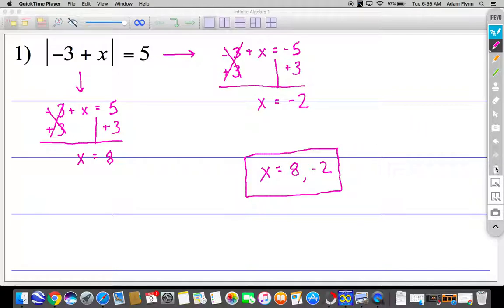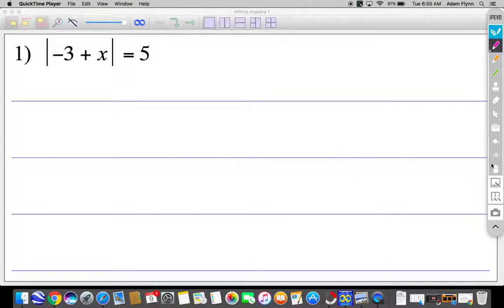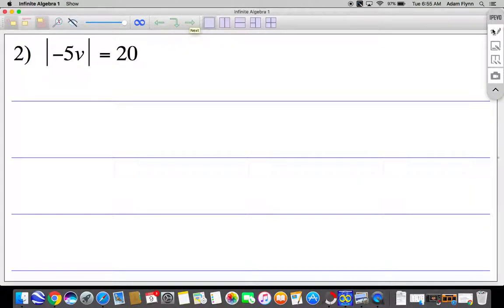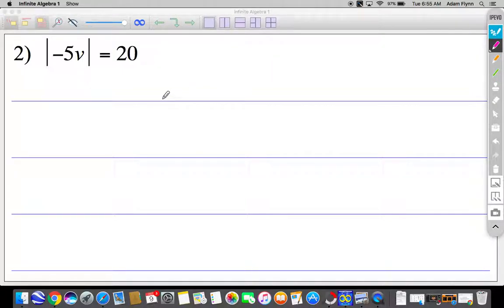Pause the video if you need more time. I'm on to number 2. Next one, the absolute value of -5v equals 20. So no numbers on either side of my absolute value portion, so I will break it up.